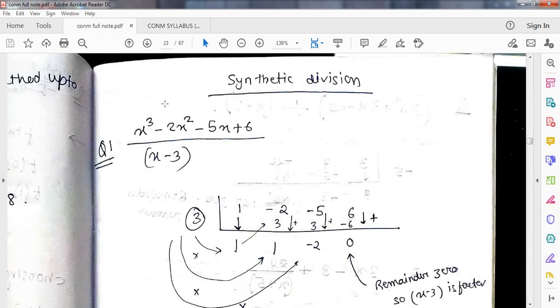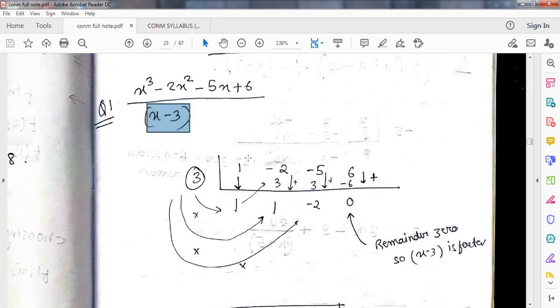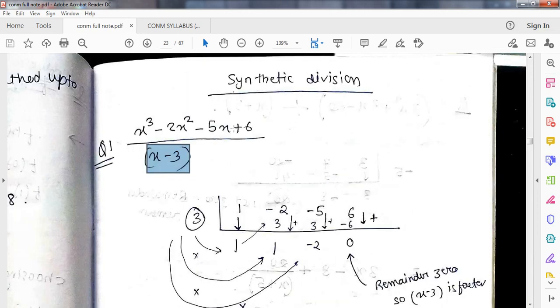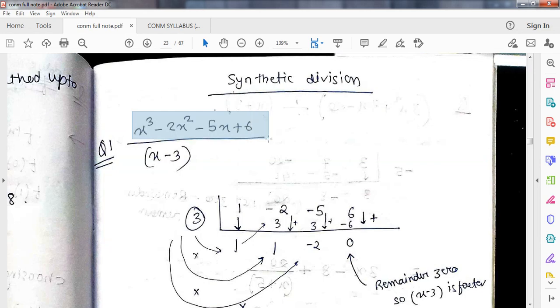In synthetic division, there are two types of questions that may come. Number one, we may give you both polynomials, the numerator and the denominator, and ask what the resultant polynomial will be if I divide the numerator by this particular denominator. Or else we may ask you to find one of the roots of this polynomial.